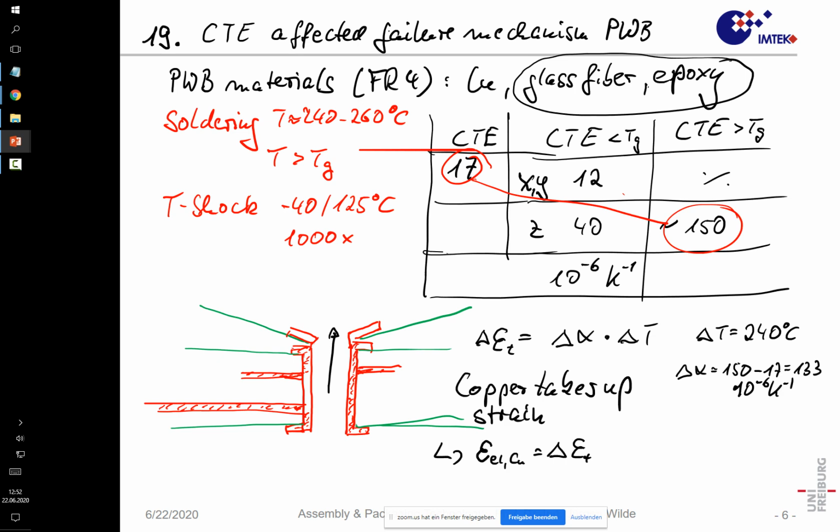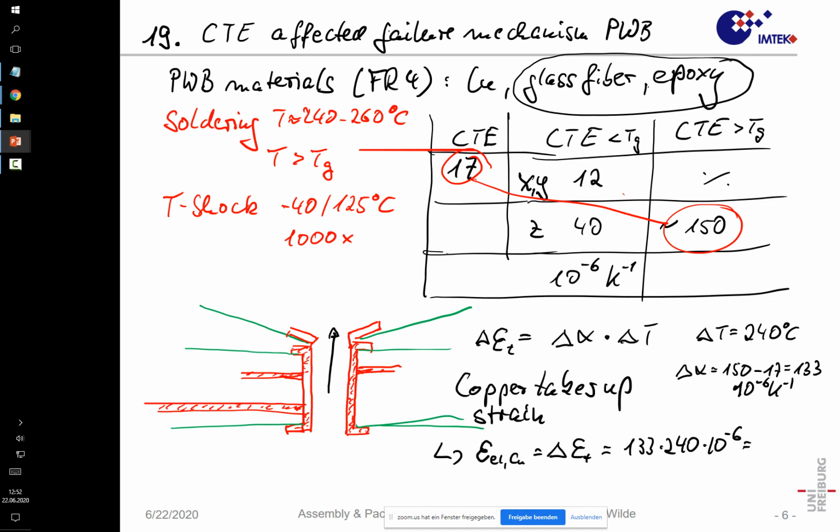So it's a relatively simple case. And that is how much? 133 times 240 times 10 to the power of minus 6. So that is 2.5 times 1.2, so 2.4. So it's roughly 3.